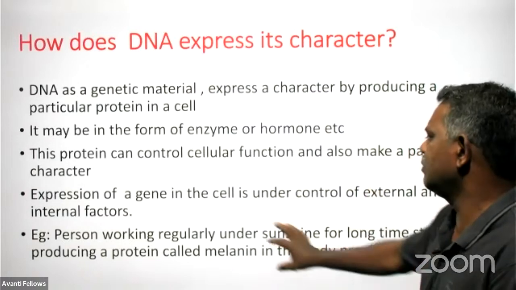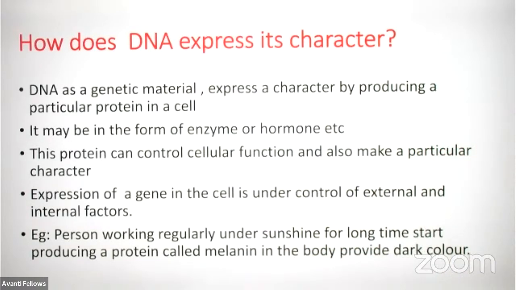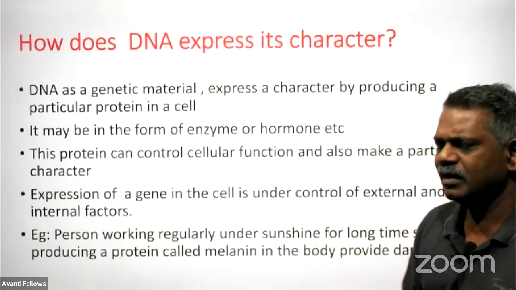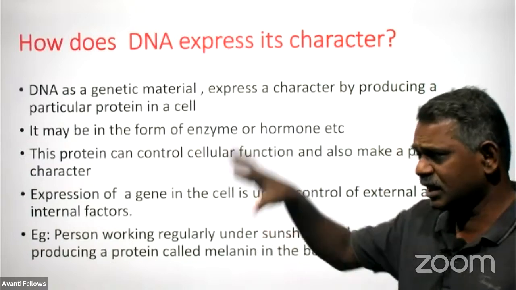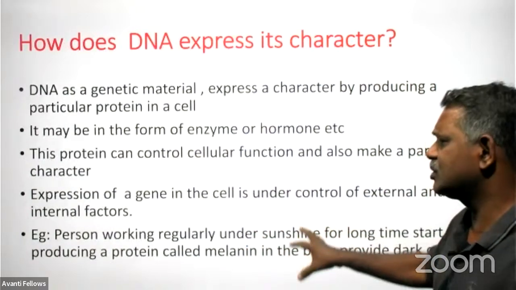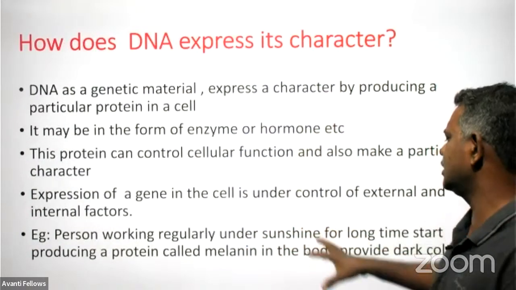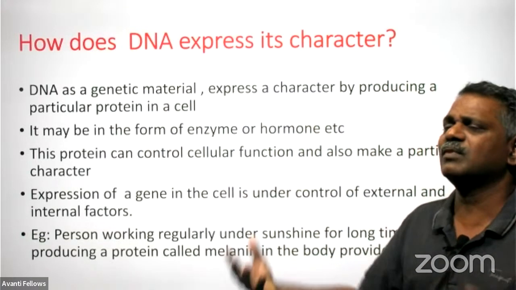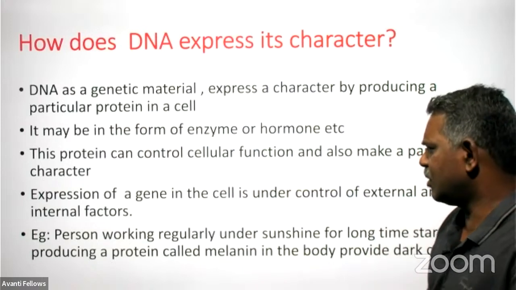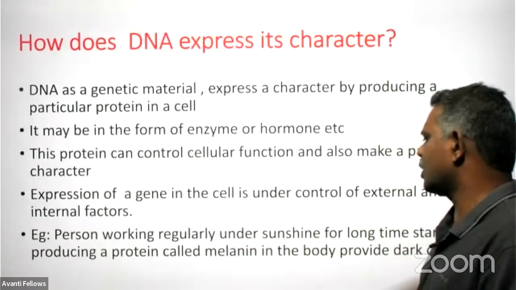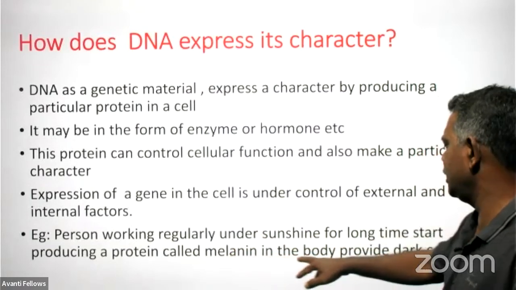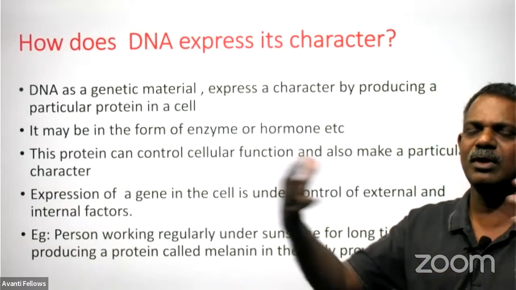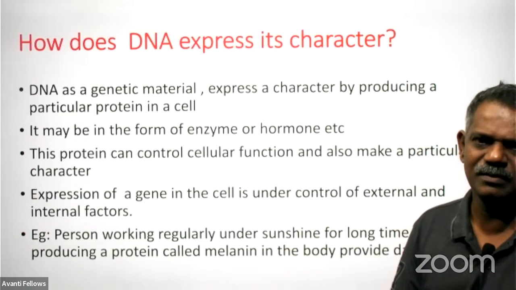For example, one example mentioned here: a person working regularly under the sunshine for a long period of time. That is the external factor, the sunshine. To protect our body from such radiation, our body starts producing the protein called melanin, which provides dark color. It is very much necessary to protect our body from such heavy radiation.